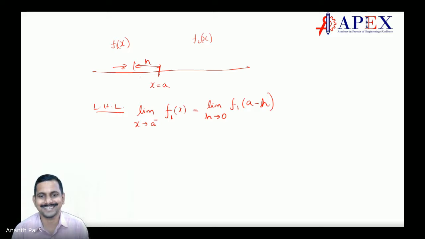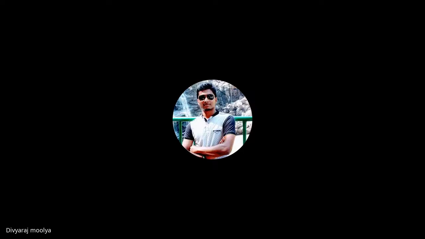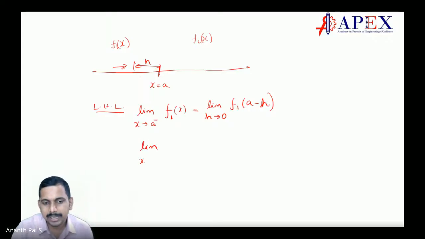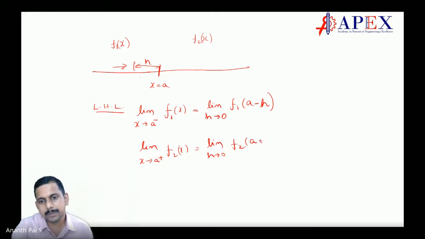Exactly. Similarly, limit x tending to a plus of f of x, which is f2 of x, is equal to limit h tending to 0 of f2 of a plus h. Makes sense?